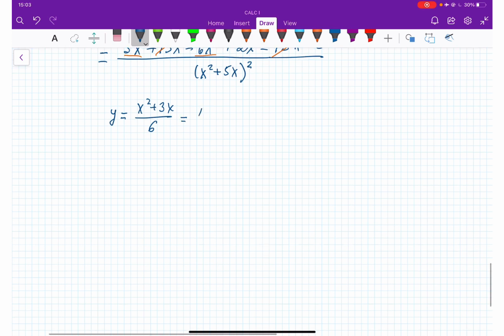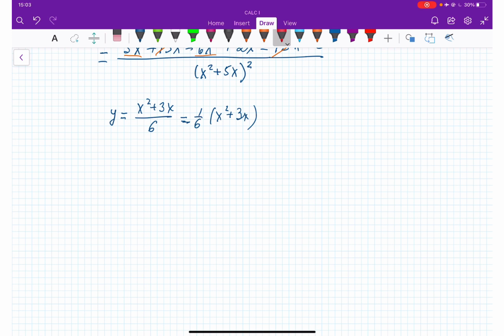Take 1 over 6 out and leave here x squared plus 3x. And apply the, not quotient rule, I'm sorry, the constant multiple rule.